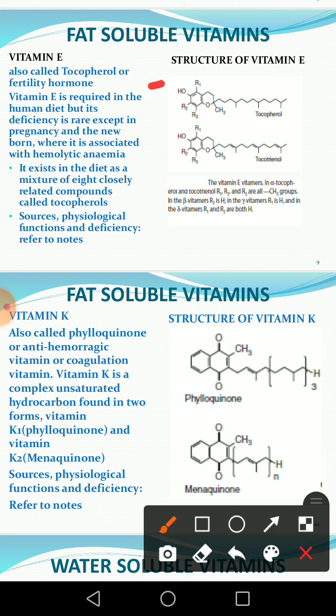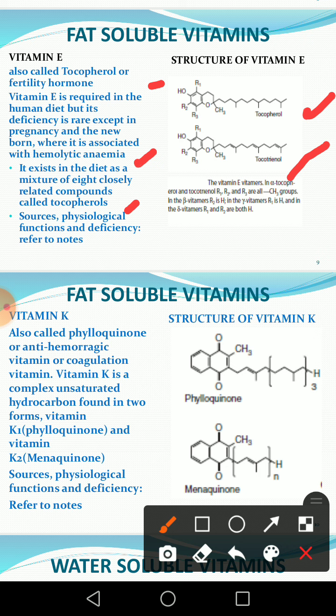Hemolytic anemia is actually the condition that is generated due to the breakdown of red blood cells in the newborn. Anemia refers to the deficiency of RBCs. It exists in the diet as a mixture of eight closely related compounds called tocopherols. Here is the structure of tocopherol and tocotrienol.